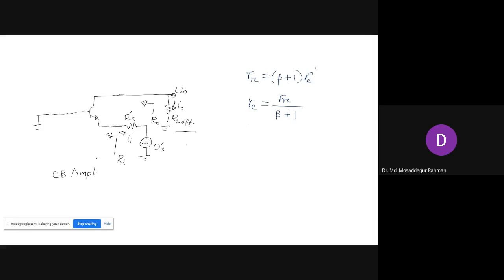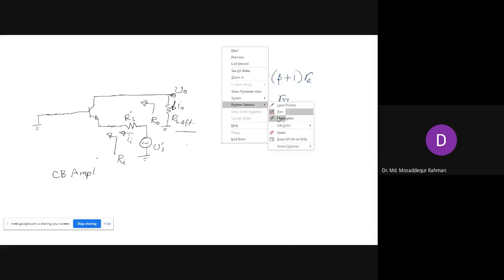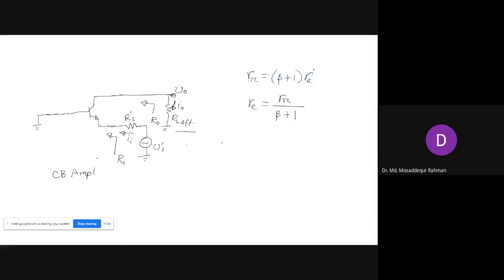These two together are termed the resistance reflection rule.